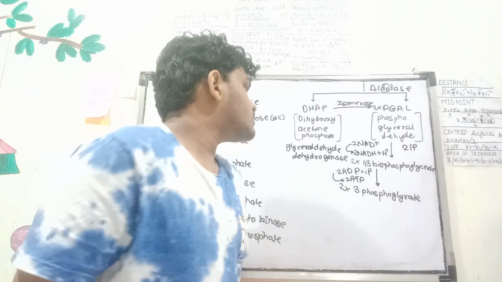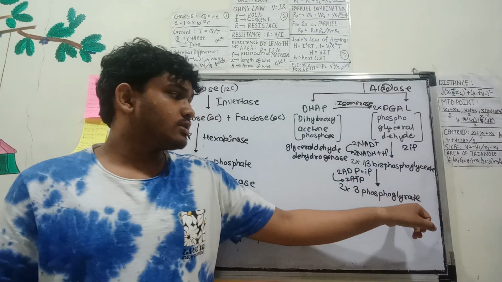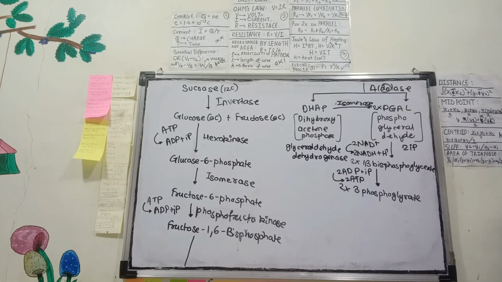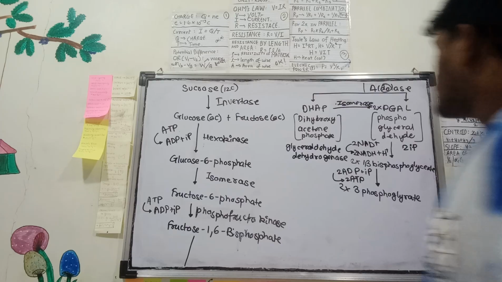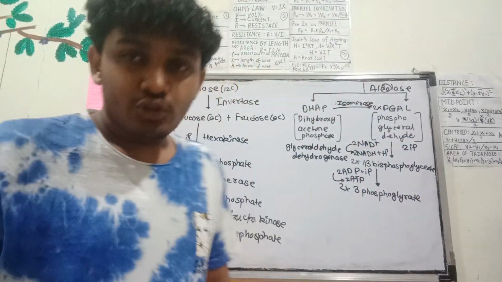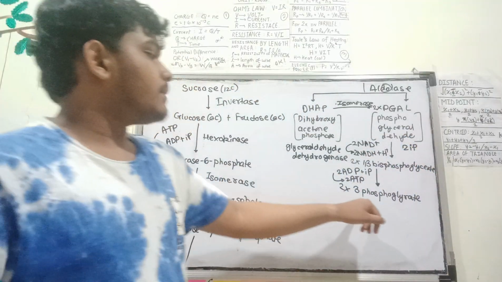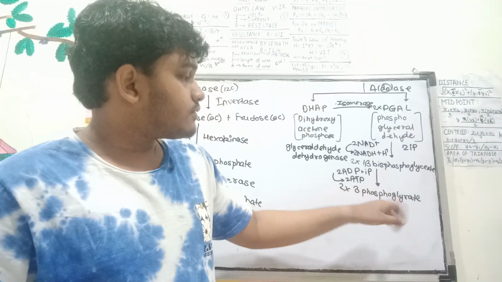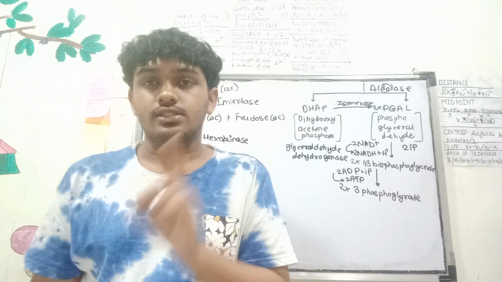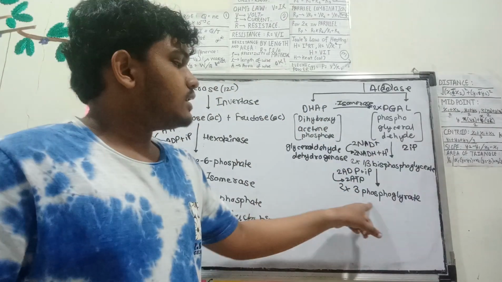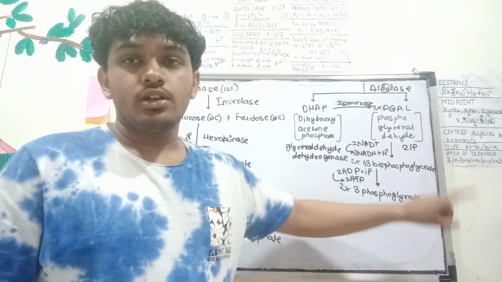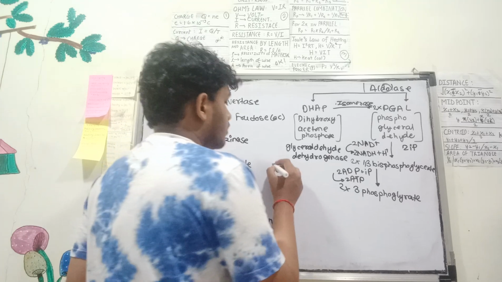But in this case, we don't seem to use the product's name. Wait a second. Yeah, so we do use it. So my theory doesn't get debunked. Whenever ATP is formed, we use kinase and the name of the product formed. What is the product formed? Phosphoglycerate. So the enzyme's name is phosphoglycerate kinase.